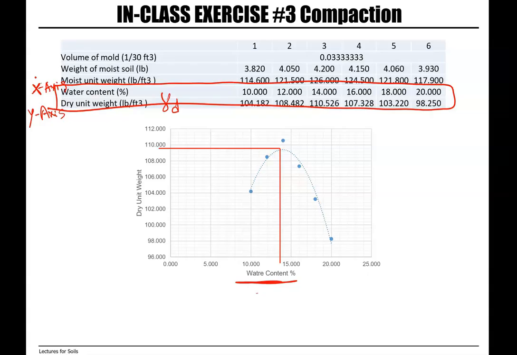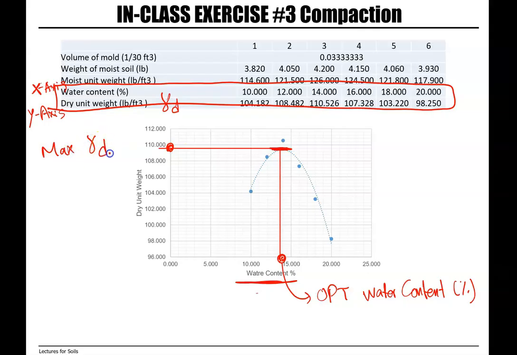You make your curve and then find peak of your curve that gives you optimum water content in percentage that yields maximum dry unit weight, which is also the maximum level of compaction.